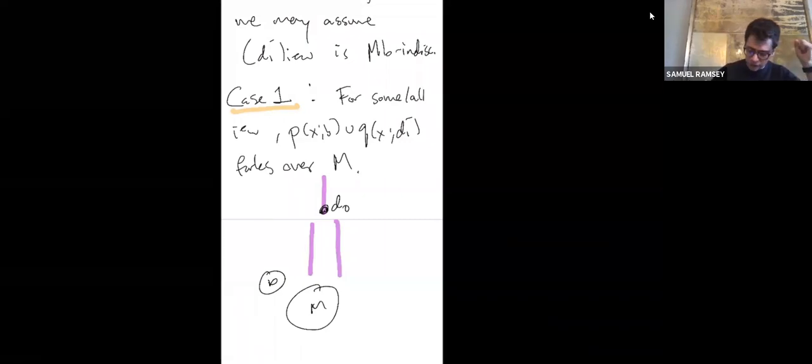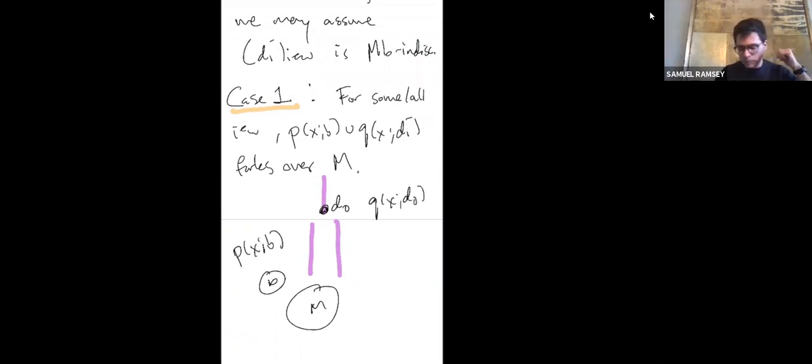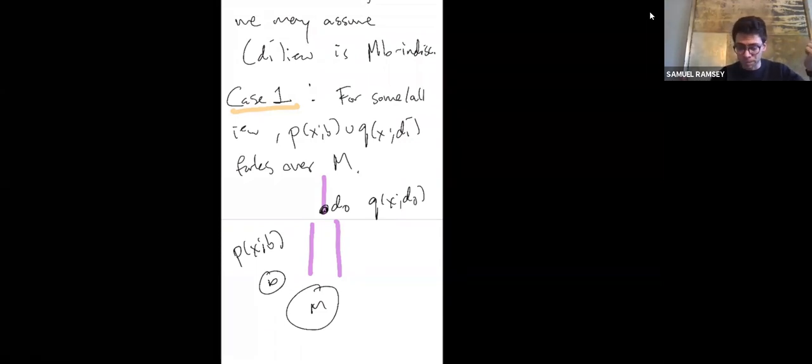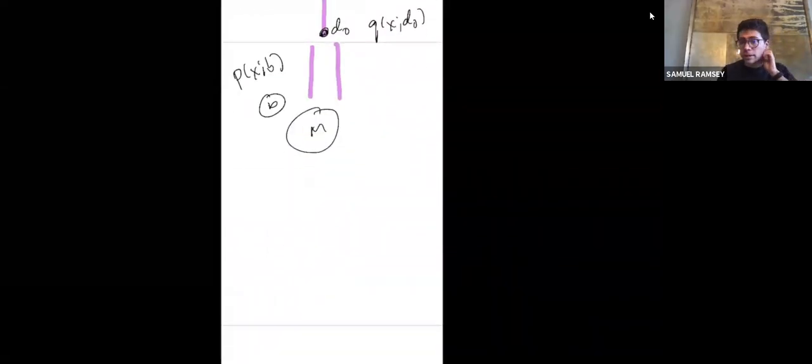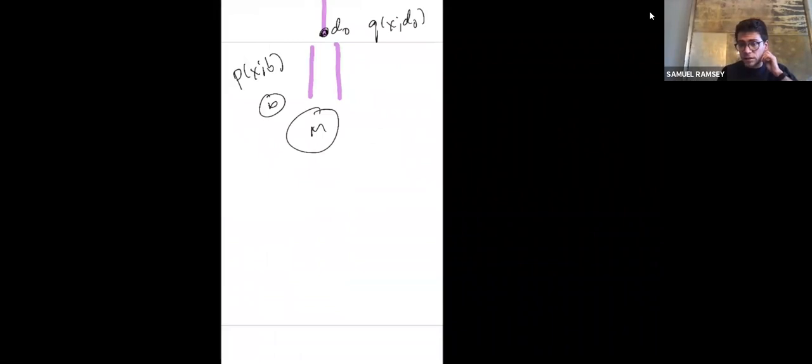So I can look at this type Q(x,D0), and I can look at this type P(x,B), and I could say, okay, is the union of these two types going to fork or not? Those are our two cases. So either it forks or it doesn't. Case one is going to be that it forks, and case two is going to be that it doesn't fork. It has to do one of the two. And either way, we're going to be able to obtain a contradiction. So where is our contradiction going to come from? It's going to come from cooking up an indiscernible sequence that violates the chain condition.